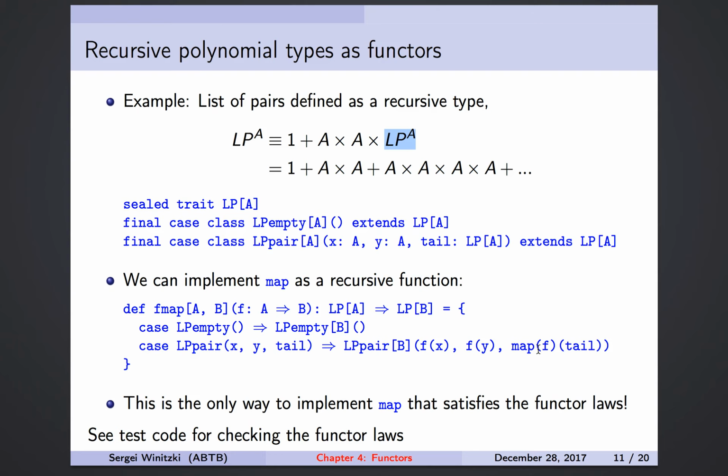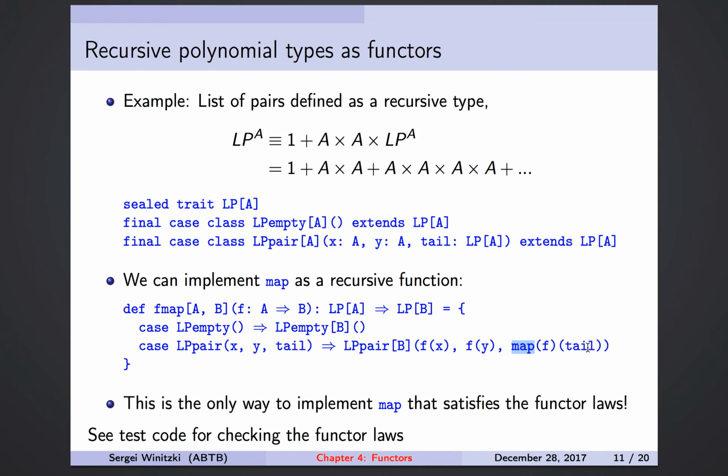Now tail is of the same type, and so you need to use the same fmap. This should be an fmap here. It's the same fmap that you're defining, so you use the same recursive call here, applying to the tail. So that's all right, and that works.